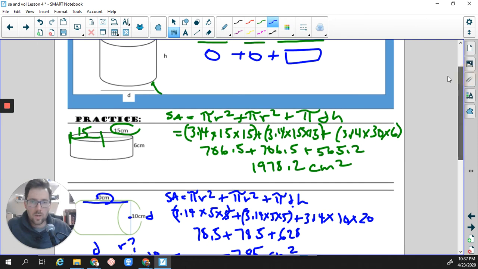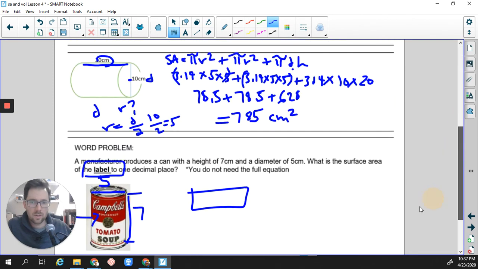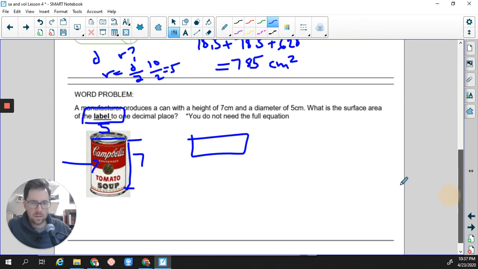So we don't need to worry about this part right now or this part right now. We just gotta worry about the label part. So pi times diameter times height. Okay, pi times diameter times height.